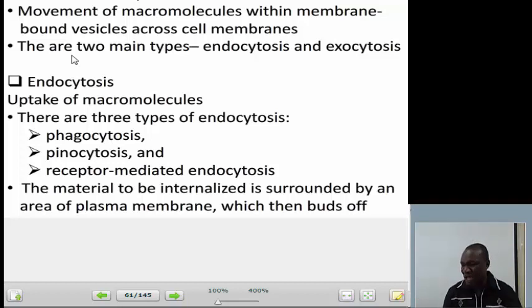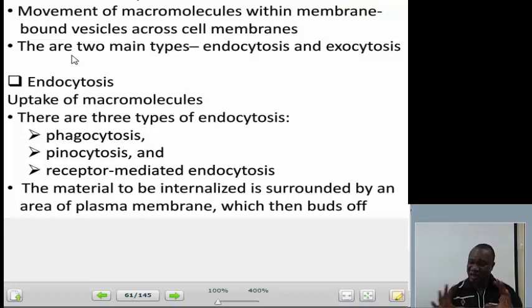So, endocytosis. And exocytosis is the secretion or release of macromolecules from the cell. It is giving it out, so it is exocytosis.